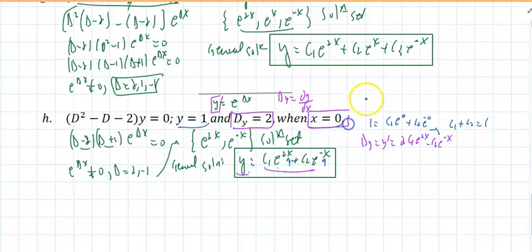And when x equals 0, because e to the 0 is 1, that is a 2. So I'm getting 2c1 minus c2 equal 2. I have two equations, two unknowns. If I add those, wouldn't those cancel out? And I'll get 3c sub 1 equal 3, c sub 1 equal 1.